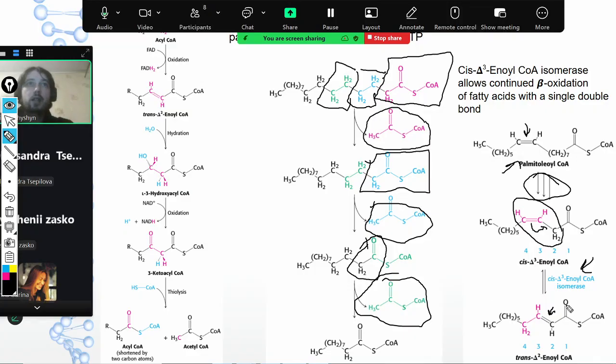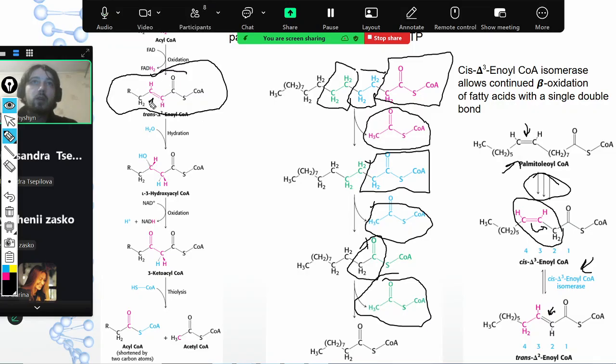Did it get any better? And tell me why. No. Let's check the regular pathway that we had here on the left and look at these chemicals.